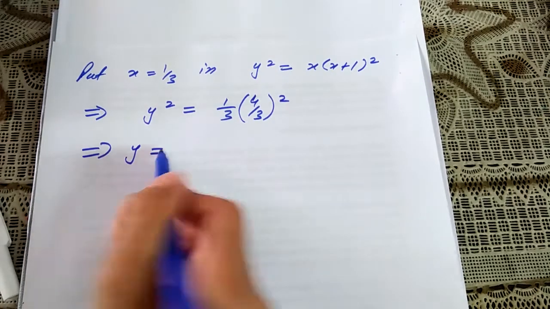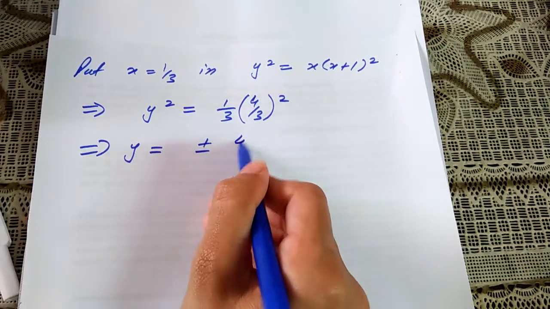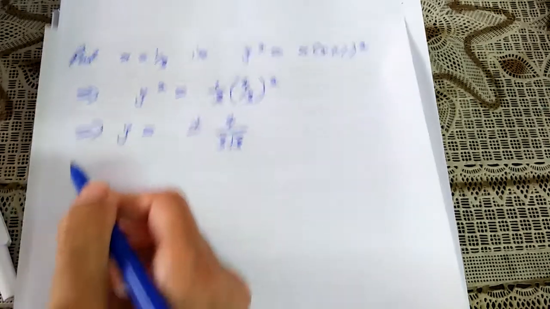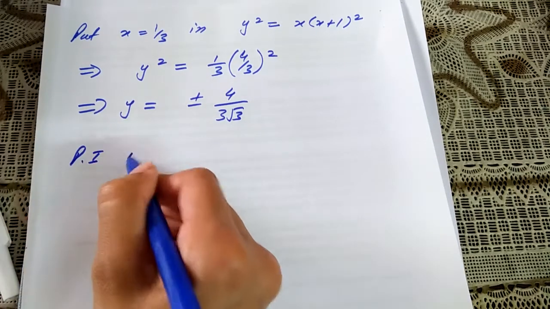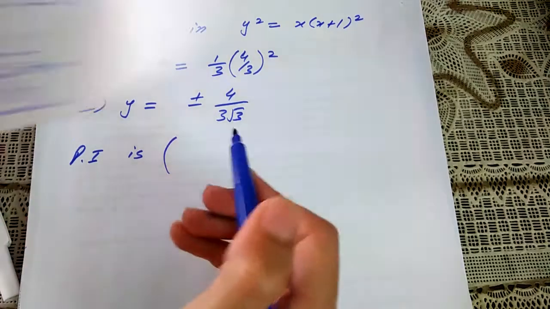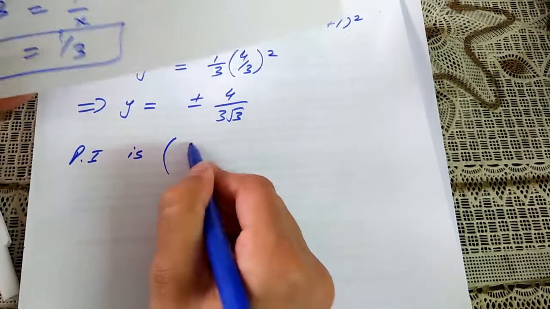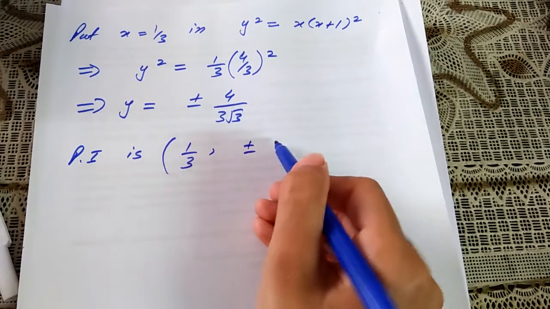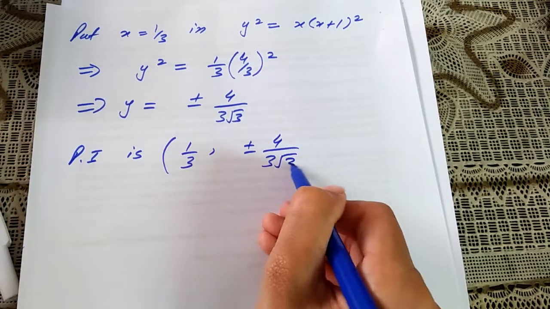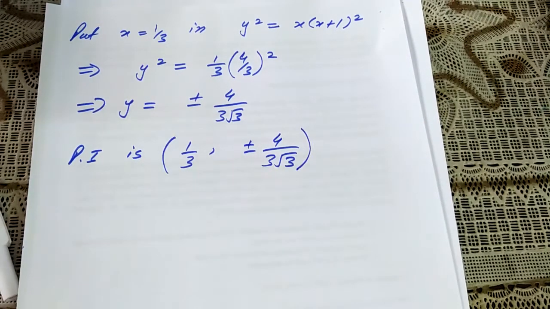So y will be equal to plus minus 4 over 3 under root 3. So it means the point of inflection is, what was our x value? X value was 1 over 3 and y value is plus minus 4 over 3 into under root 3. So this is our point of inflection for question number 16.